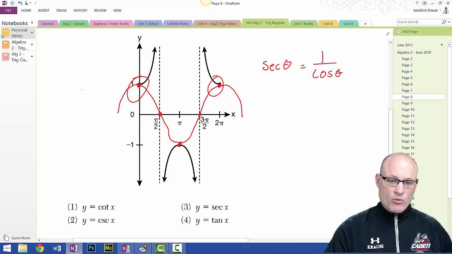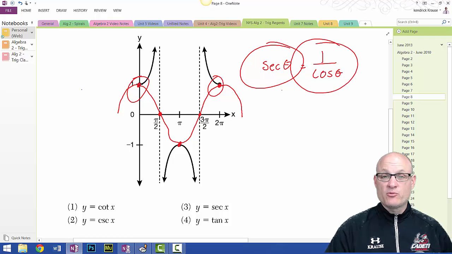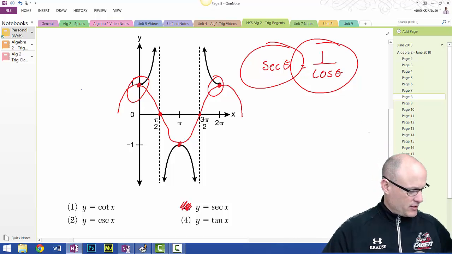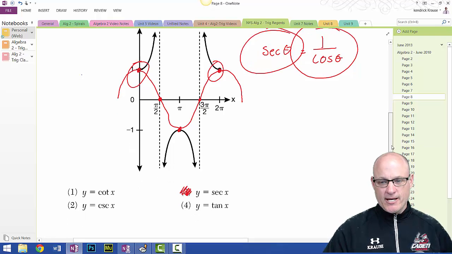So the ones that ride on these are not the cofunctions, I almost said that, they are the reciprocal functions. Secant theta is the reciprocal function of cosine, which means when you graph it, it rides on top of or on the bottom of the cosine curve. And there we go. That problem's over with. Woohoo! Yay!